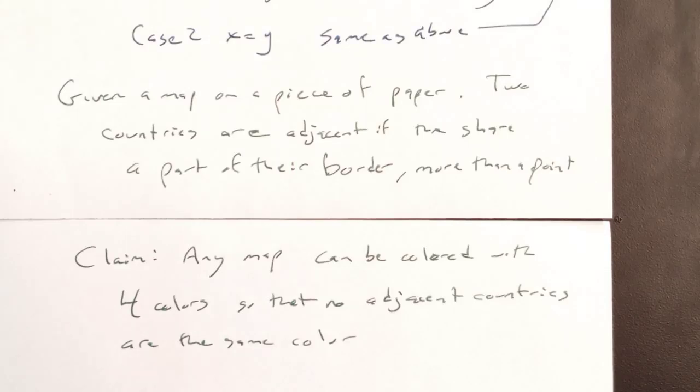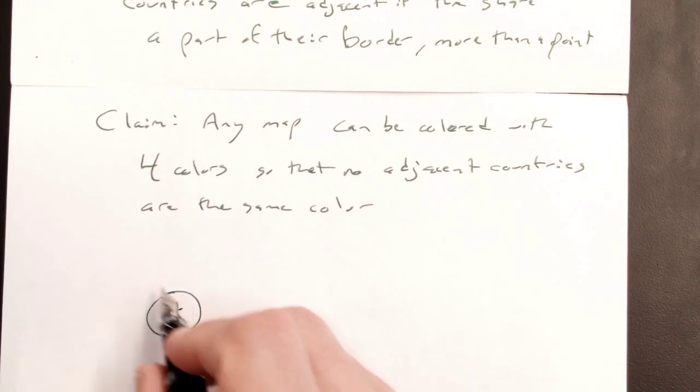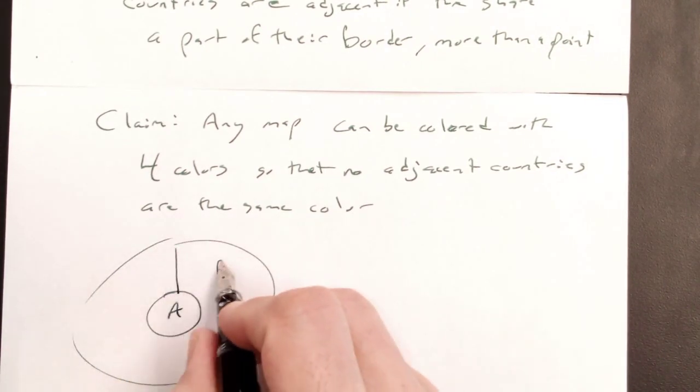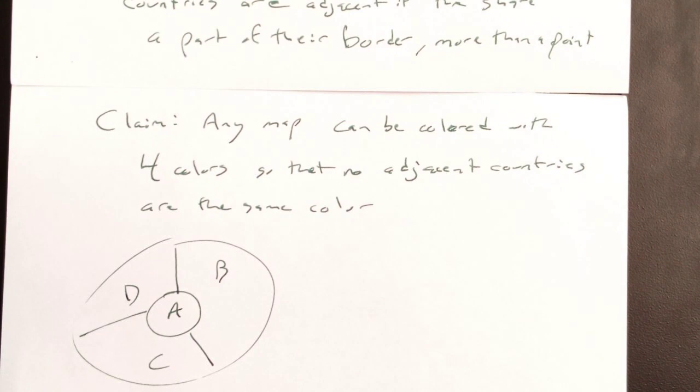I know I need at least four colors because I can draw the following map. Notice that every country is adjacent to all of the others. I have to have at least four colors.